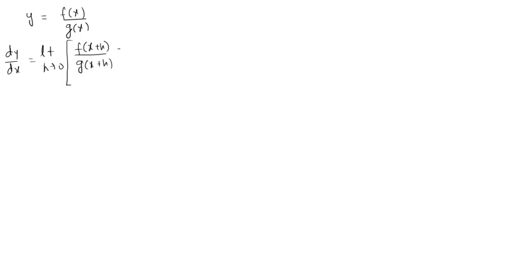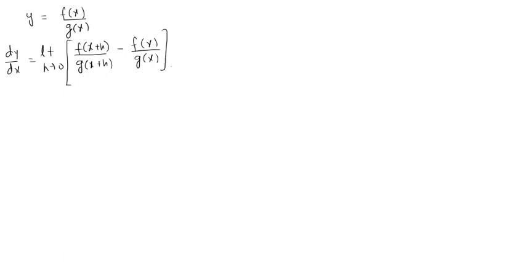So y is equal to f(x) by g(x). So what is dy by dx equal to? dy by dx will be equal to the limit h tending towards 0 of [f(x+h) by g(x+h) minus f(x) by g(x)] by h.